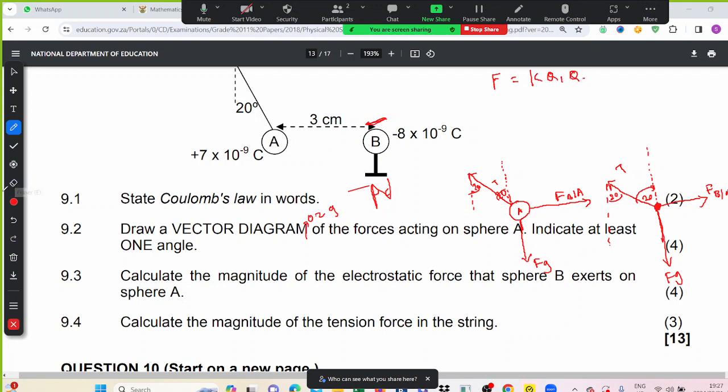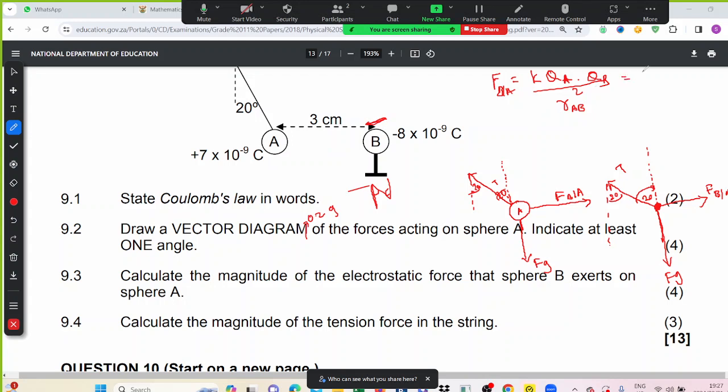Let me just use A and B because I have the alphabet. So the force that is exerted by sphere B on A is k QA times QB over RAB, the distance between A and B, squared.